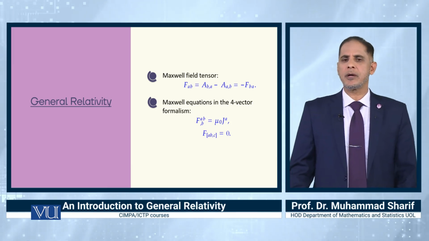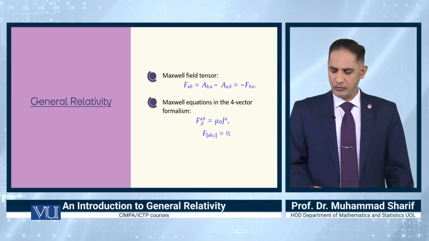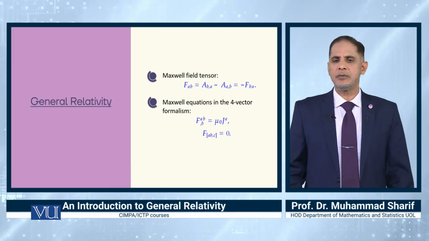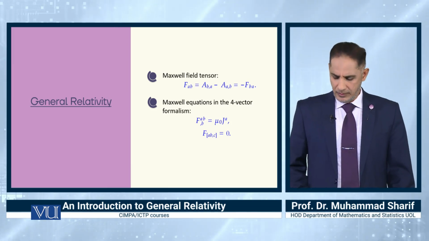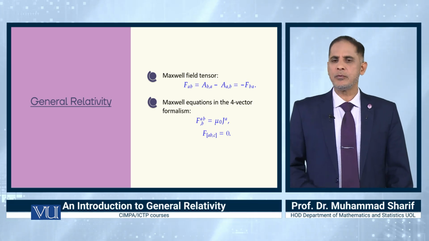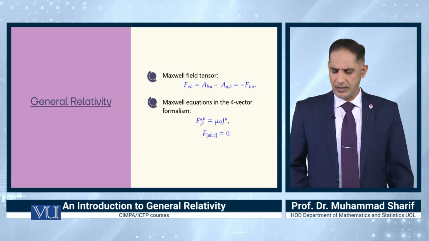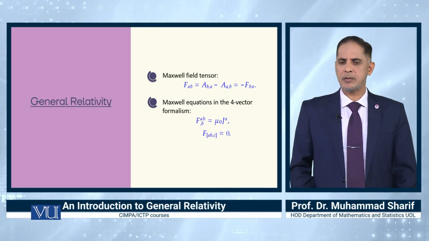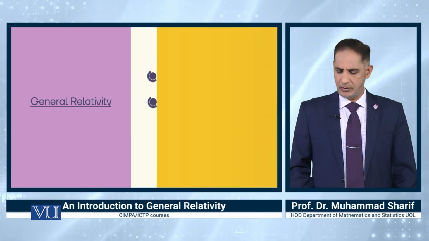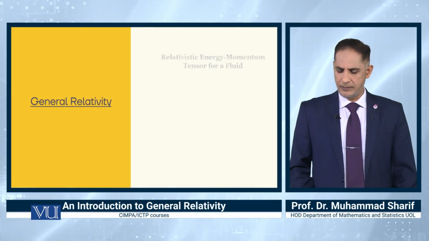This is the 4-current density, and this square bracket means this is antisymmetric. So, we can recover all 4 equations from these 2 equations, which are available in any book of special relativity. I am not going into the details of these equations.